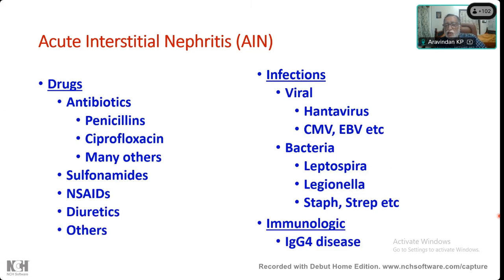Any viral infection, along with that sometimes you develop this. So a biopsy may not be needed in many of such cases. Leptospirosis, you get interstitial nephritis and renal shutdown, but one rarely does a renal biopsy in a case of leptospirosis.